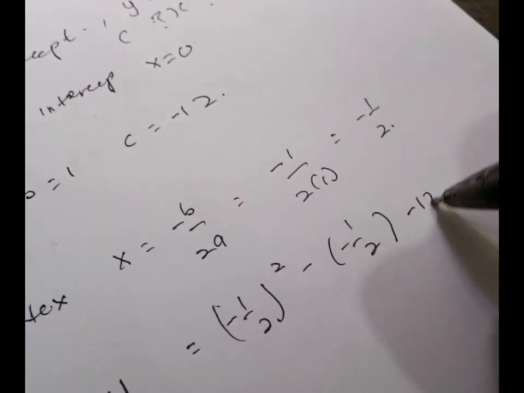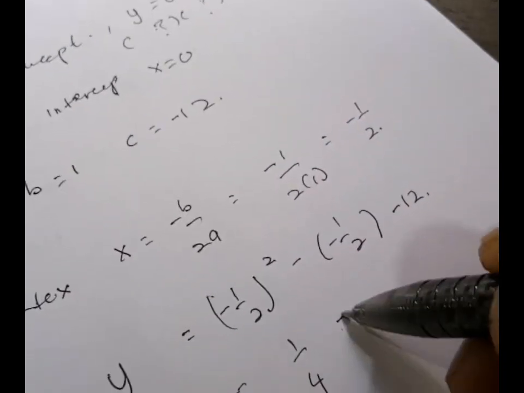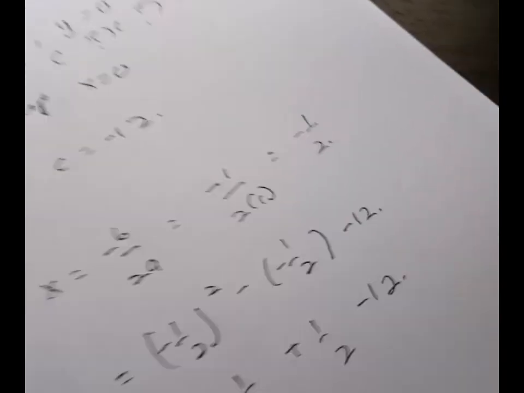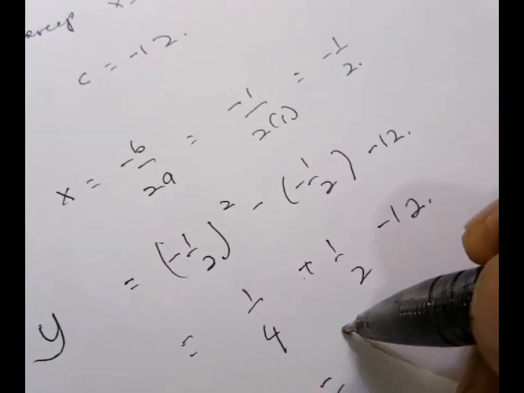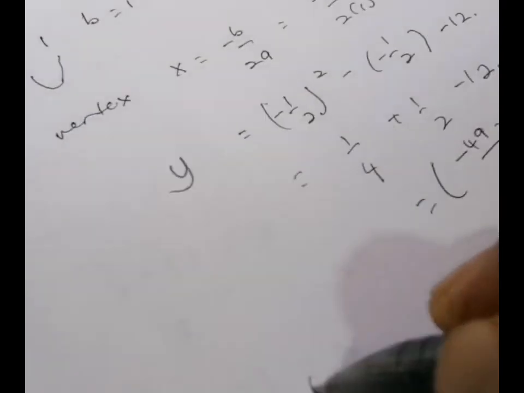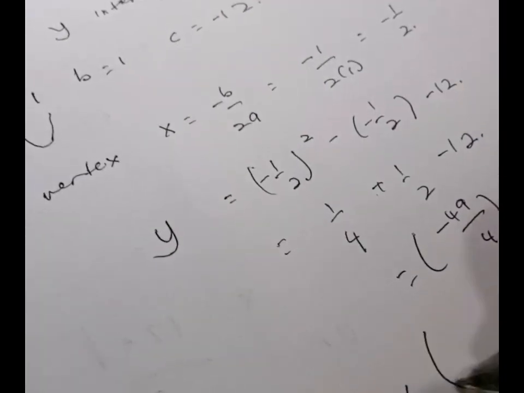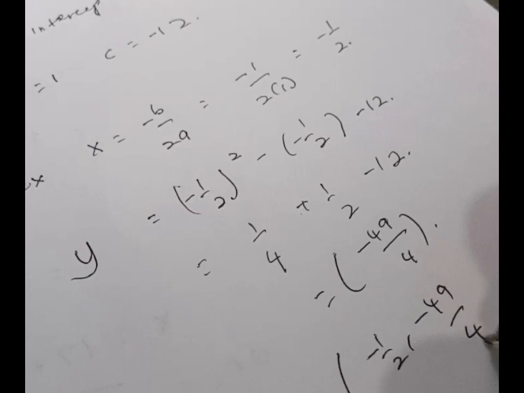So we have 1 over 4 plus half minus 12, which is minus 49 over 4. So the vertex is given by the coordinate minus half and minus 49 over 4.